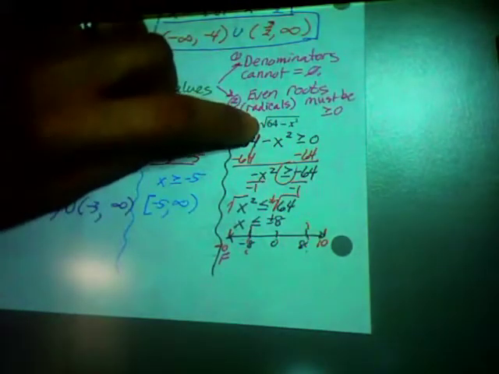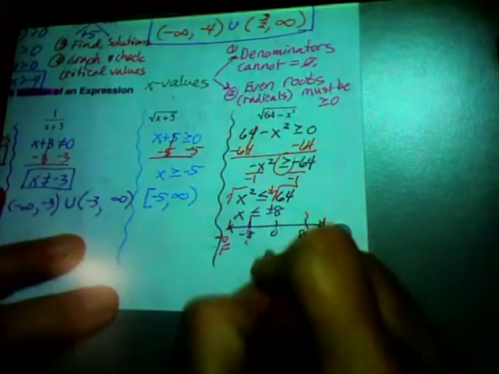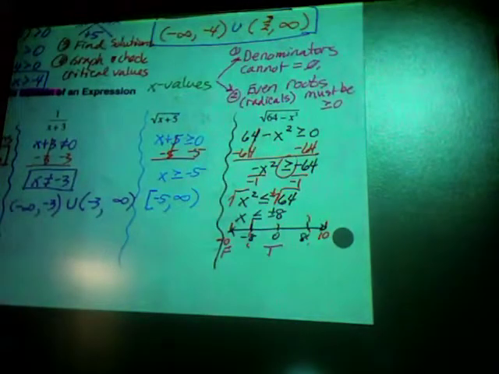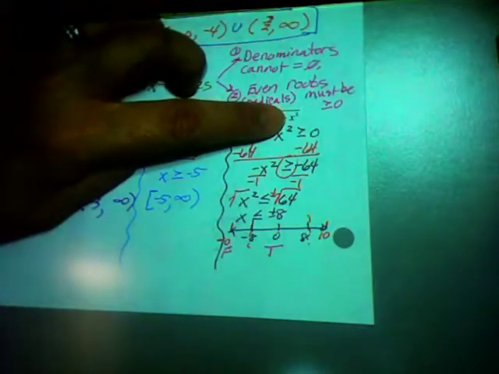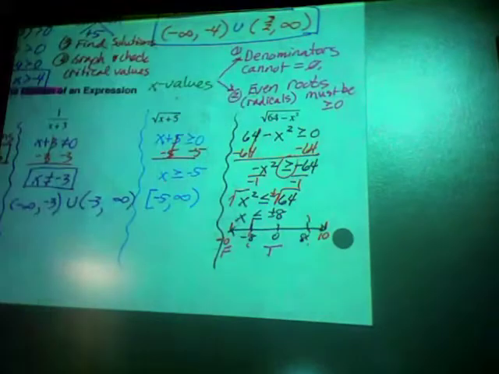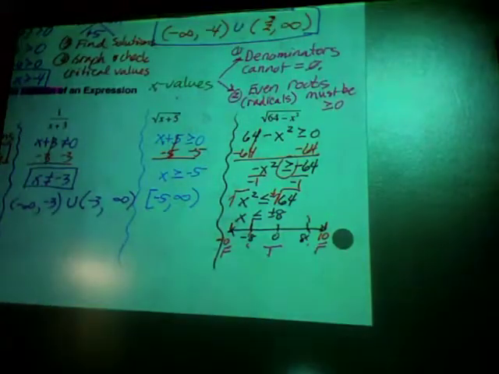What's the square root of 64? 8. That works, right? So this gives us a valid answer. It's true. What happens if I choose 10? I run into the same situation: 10 squared is also 100. 64 minus 100 still gives a negative answer, which I cannot take the square root of, so that's false.